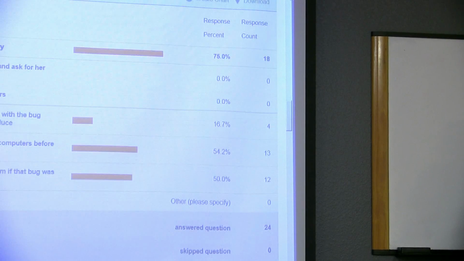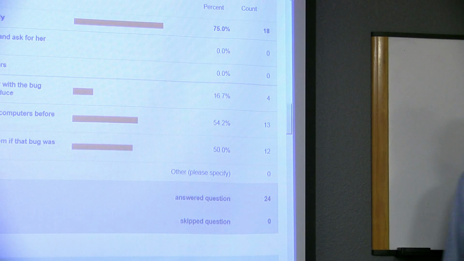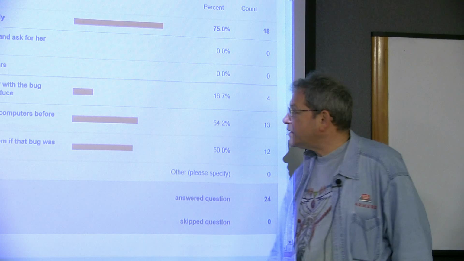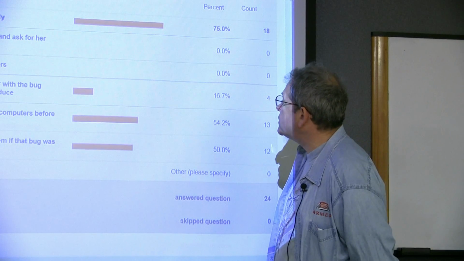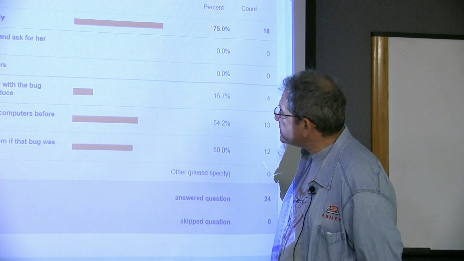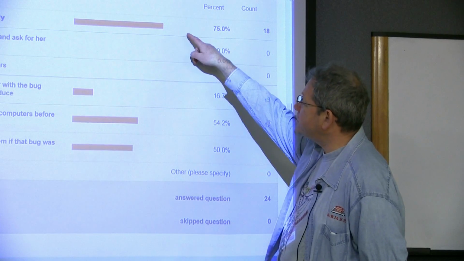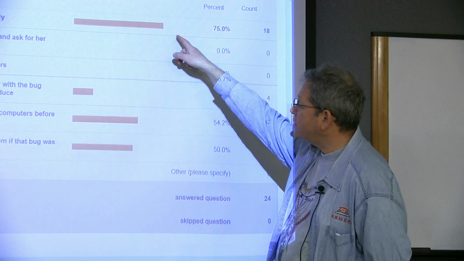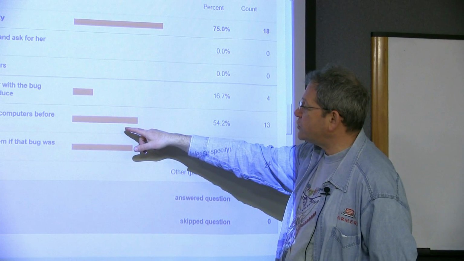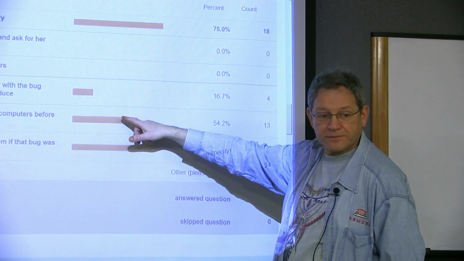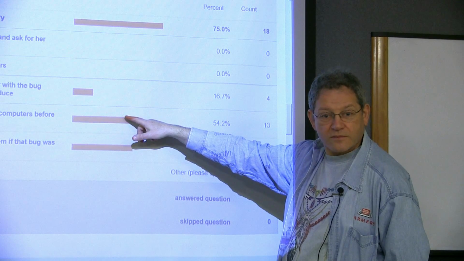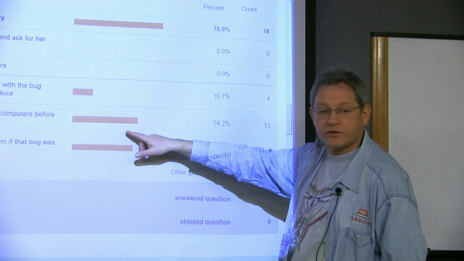If you found the bug, what do you have to do next? Report the bug immediately, 75%. So we have more people behind this one than saying reproduce it on several computers before reporting. Why don't you reproduce it first, guys?